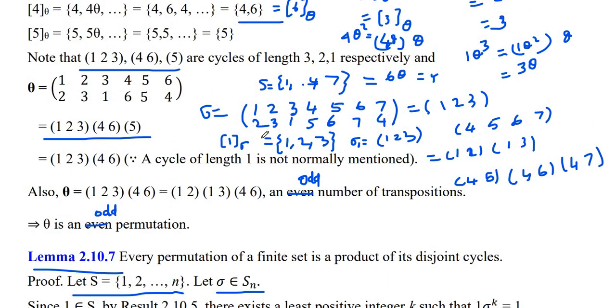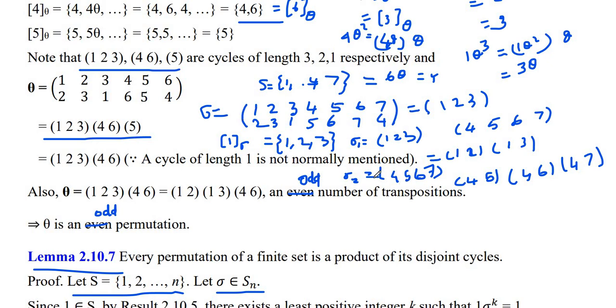Like in this case, sigma 2 will be (4 5 6 7). So my sigma equals sigma 1 sigma 2. Because 4 is not present in sigma 1, we consider the orbit of 4 under sigma and the corresponding cycle will be this.